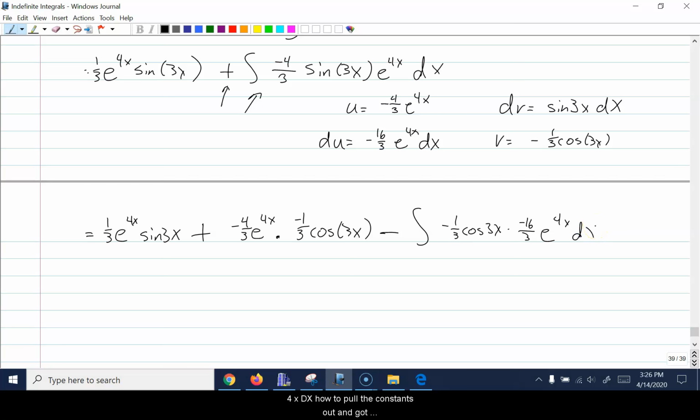I want to pull the constants out. I got negative, negative, negative. We'll make negative 16/9 integral e to the 4x cosine 3x dx. And I have those other two parts that are the same.